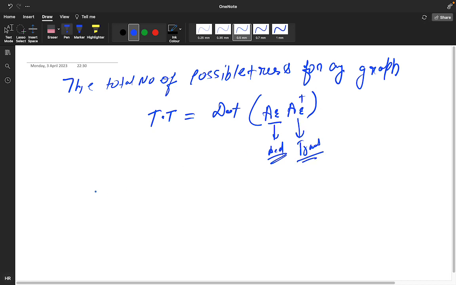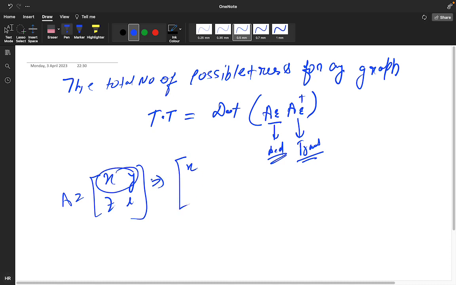So what is the transpose? Say the matrix A has entries X, Y, Z, L. To make it a transpose, the entries shift: the row becomes a column. The first row becomes the first column, the second row becomes the second column. This is A transpose.